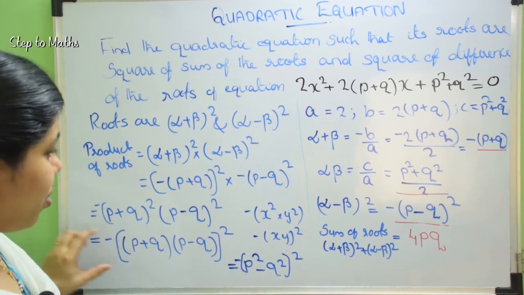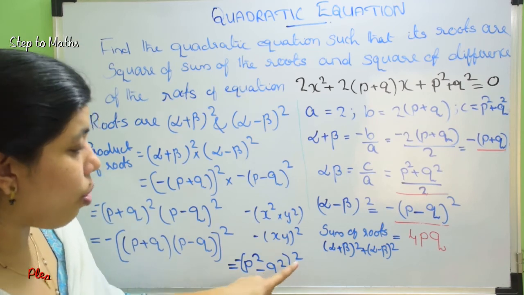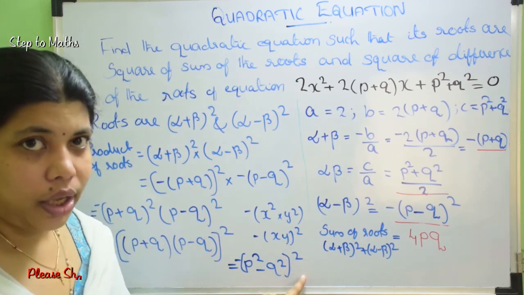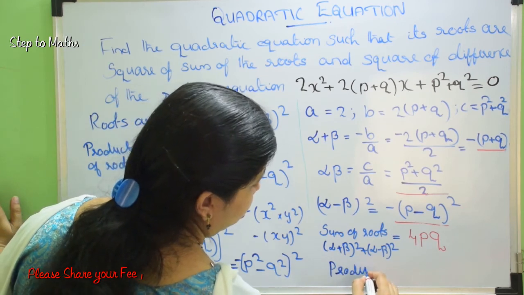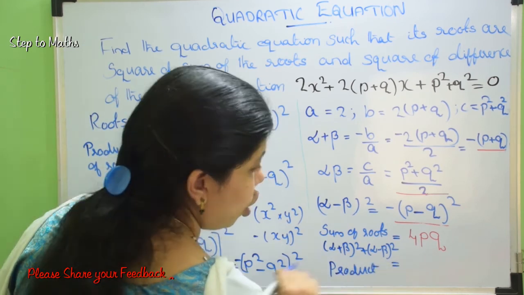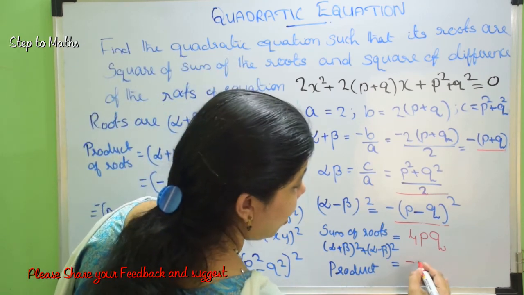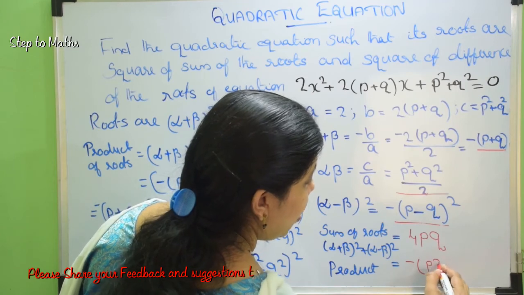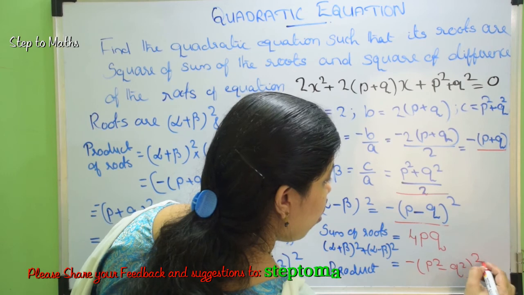The product of roots is equal to minus of p square minus q square whole square.